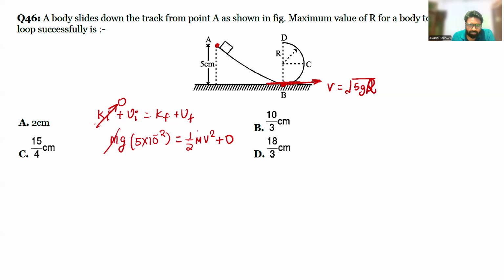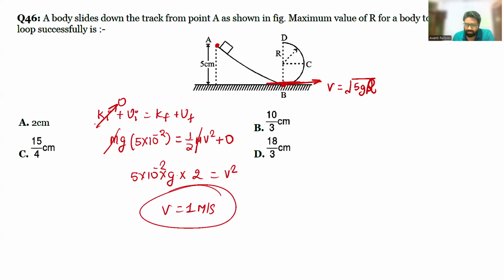So m and m will also cancel out here. This will become 5 into 10 raised to the power minus 2 into g into 2 is equal to v square. So here you can take the value of g as 10, and 5 into 10 to the power minus 2, so v will become 1 meter per second. This is the velocity.